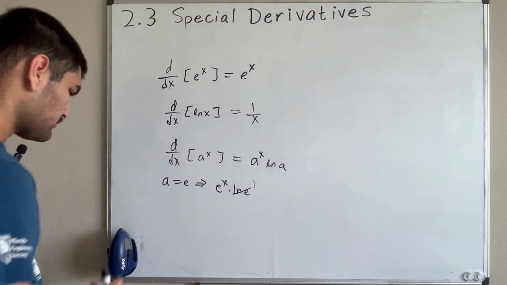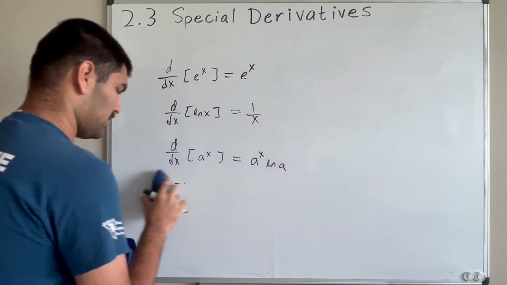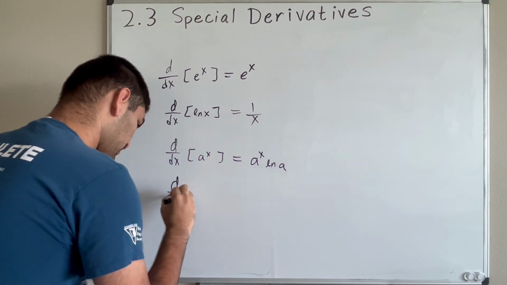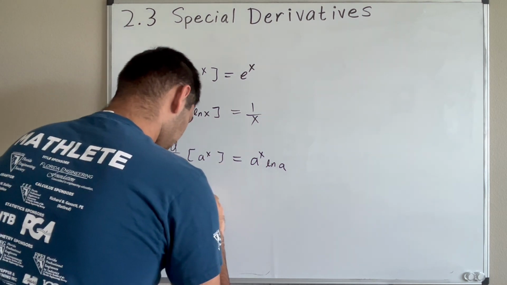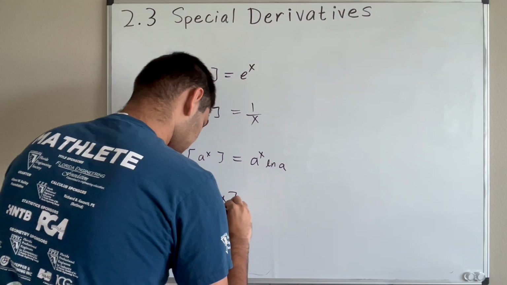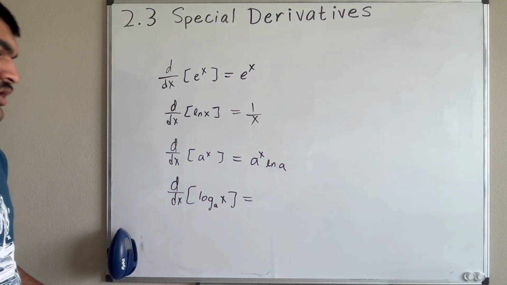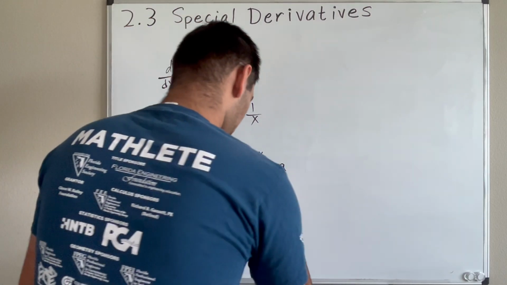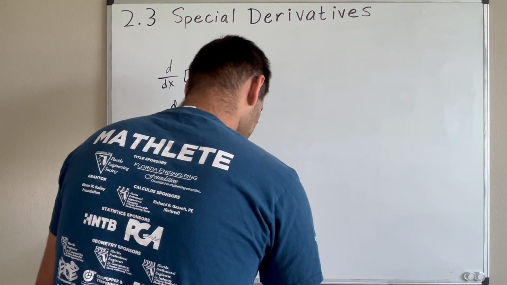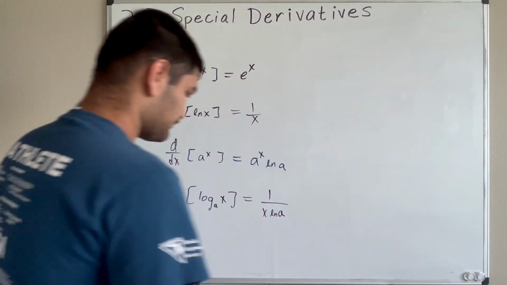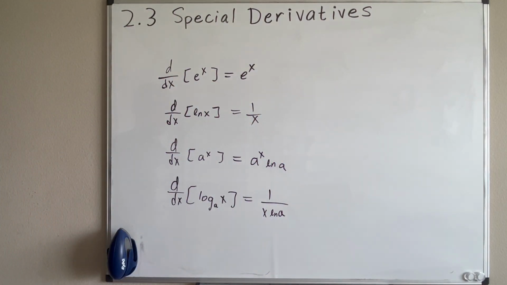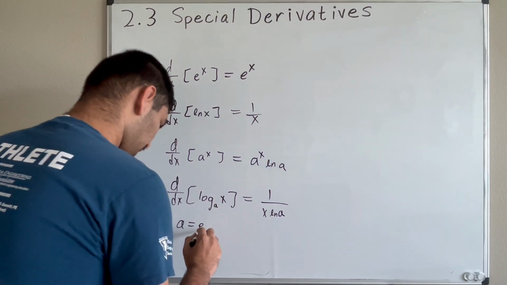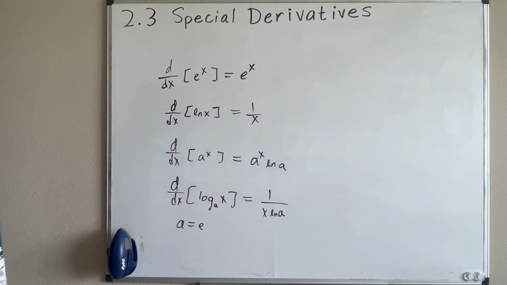Cool. And then we did it for exponentials, so we also have to do it for logs. So what if we have the derivative of log base a of x, where again a is just some arbitrary real number? This is just equal to 1 over x times the natural log of a. So notice again that if a is equal to e, then this just becomes the derivative of the natural log of x.